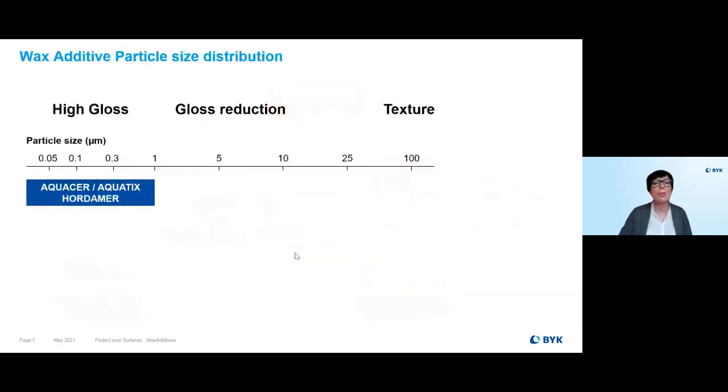If you look at the particle size distribution of these different product groups, the ones you can use for high gloss systems are just the wax emulsions. They have a particle size below 1 micron and have no effect on the gloss.